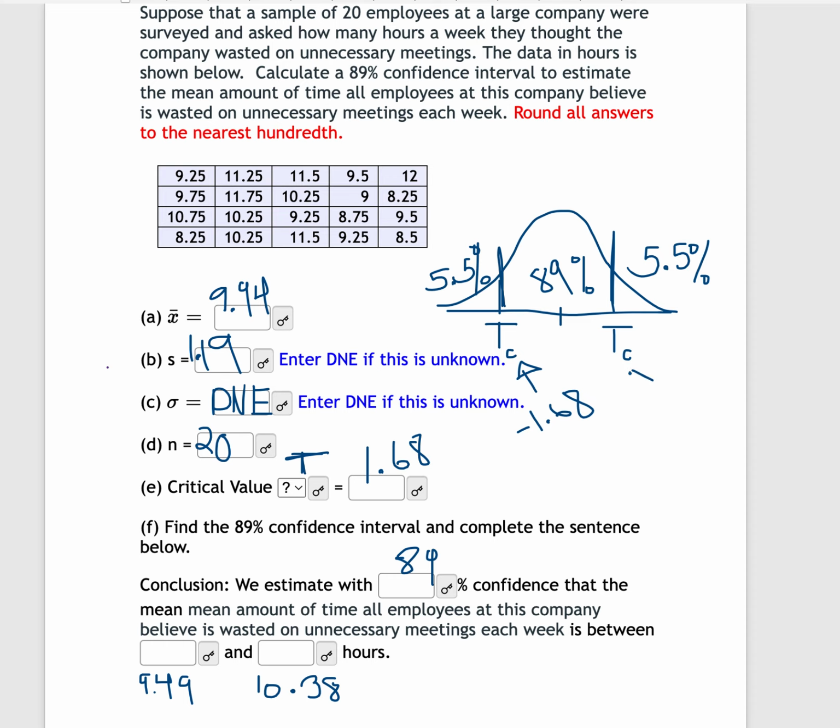On this end, it would be positive 1.68. But when we're looking at just the difference between the center and the upper or lower limit, we're just looking at how far away we are, so we don't necessarily care about the negative or the positive in this direction. So we use the positive. Just the answer is 1.68.